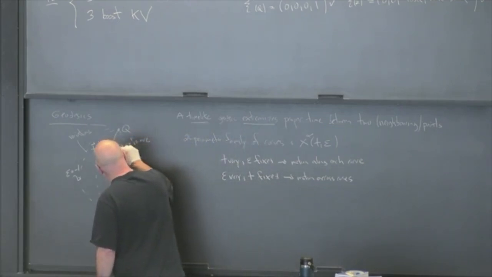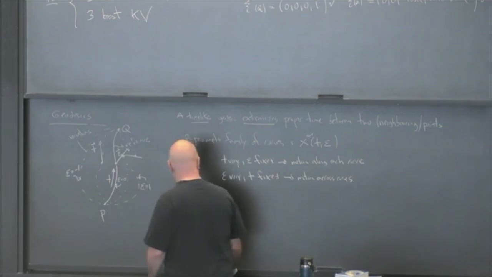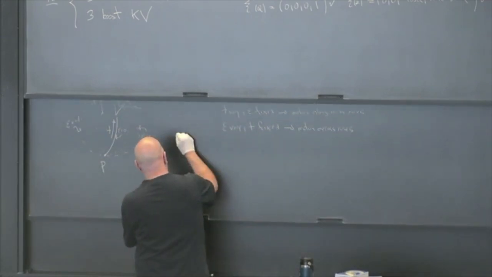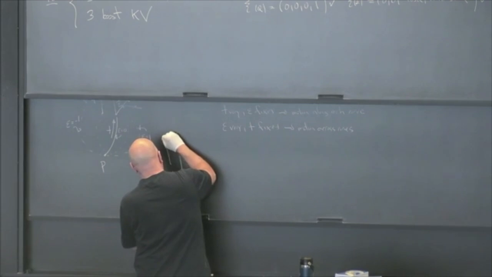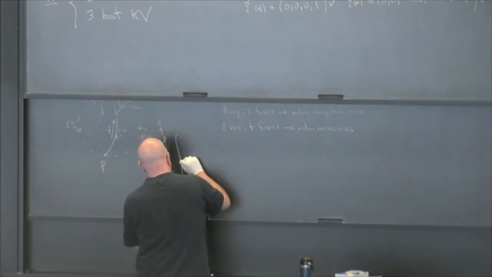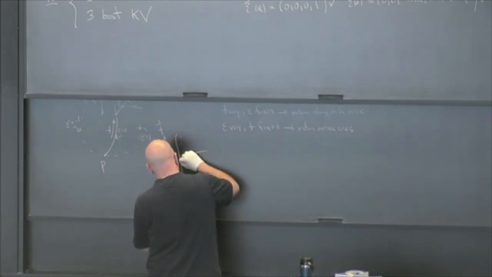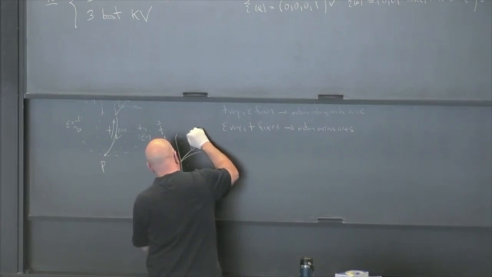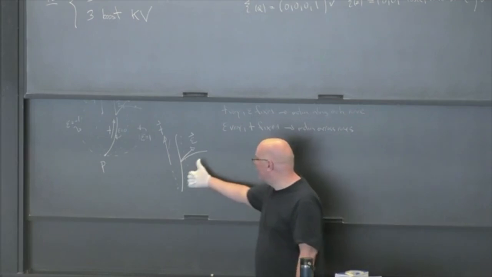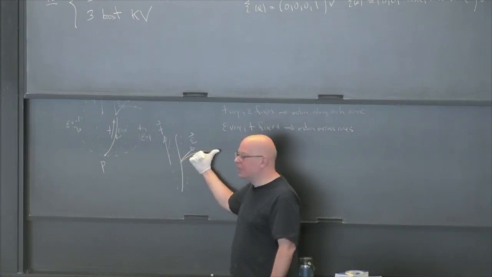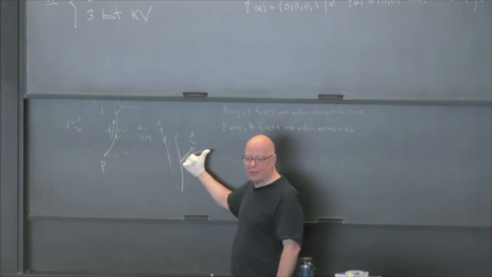I'll redo this, I think, and do it better. So we have the reference curve, we have neighboring curves, we have motion along the curve that gives us a tangent vector t, and then we have motion across the curves, and that gives us a tangent vector epsilon. That's what happens when we keep t fixed and vary the epsilon label.